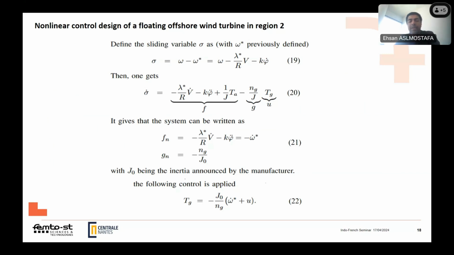Omega dot star is the derivative of omega star, which is given by a differentiator, and U is the super twisting controller here.